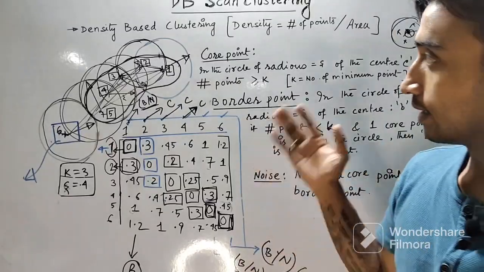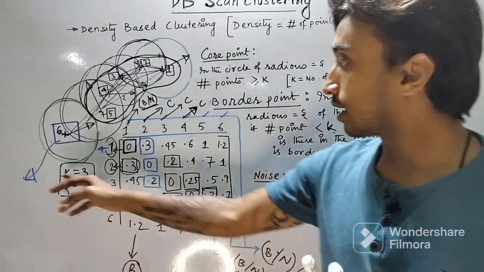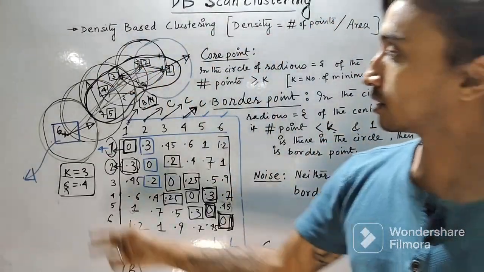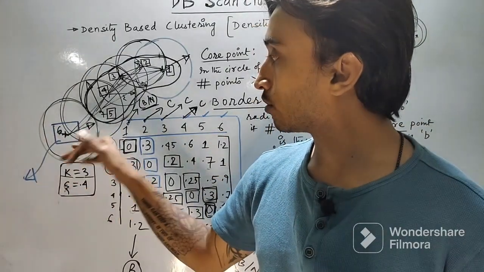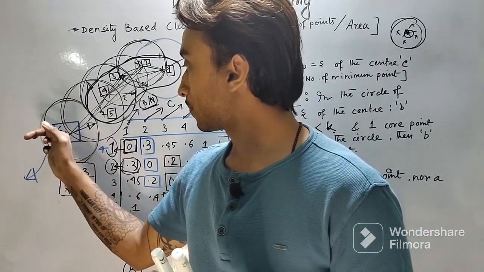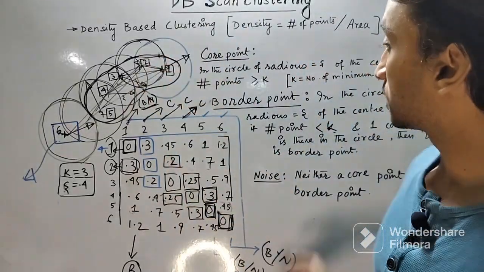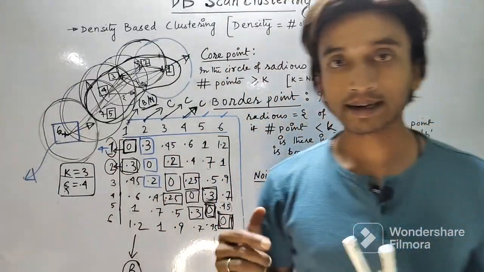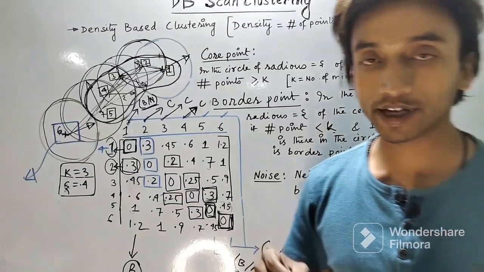With the help of this DBSCAN algorithm we can detect the anomaly, detect the noise over here. This particular algorithm is pretty intuitive, and with the help of this algorithm you can perform clustering for spatial data, and this is very useful.